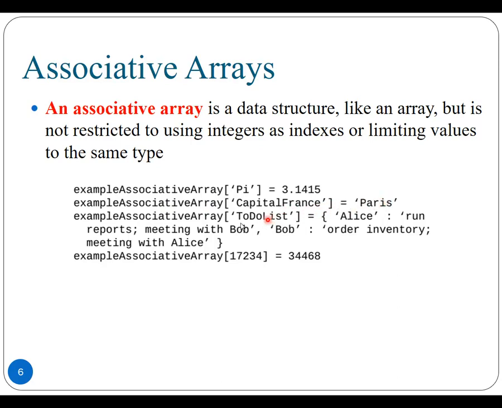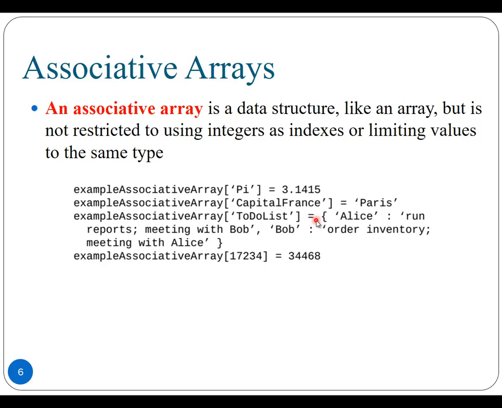Okay, for the third data, this is the index, and the value itself is a key value. So we can have different indexes and different value types, no limitations on the type of the indexes and the type of the values. That's an associative array.